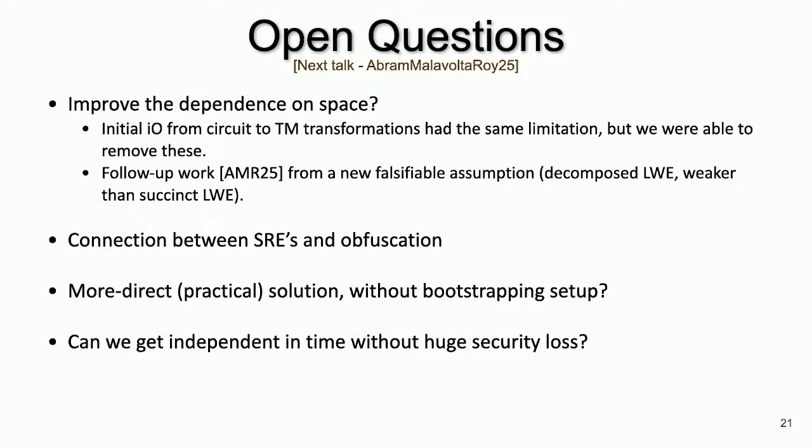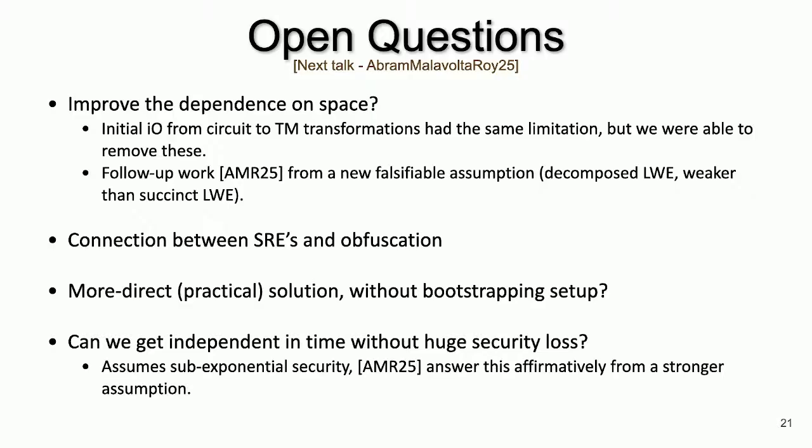And in our work, we also have a fully succinct construction. So we do get something which is fully succinct, but we are sort of cheating. We are doing complexity leveraging, and we are incurring a huge security loss. So we do get something which is independent of time t, but we have a huge security loss here.